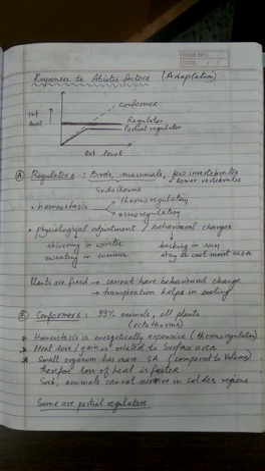Now we need to understand that the organism is able to do homeostasis, or thermoregulation, either by physiological adjustments or by behavioral changes. We must have seen that we enjoy being in the sun during winters, and we try to stay as much as possible indoors during summer.